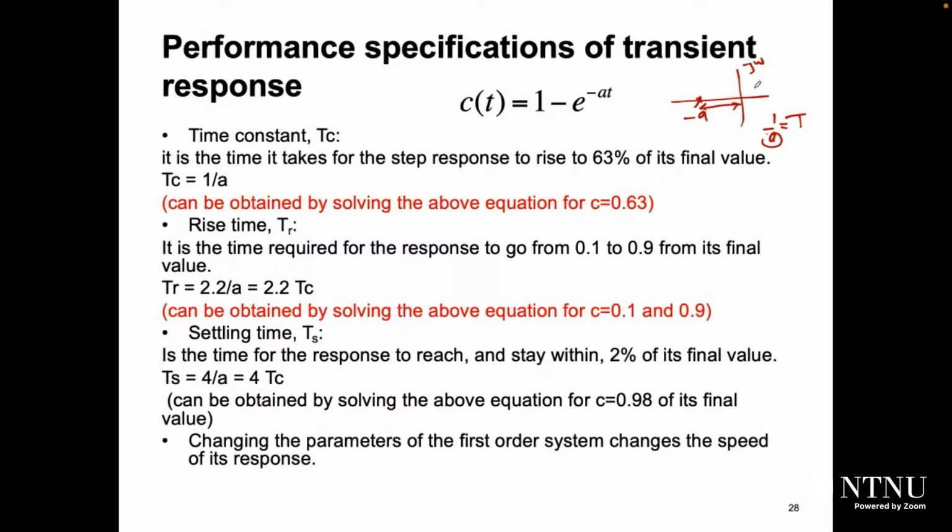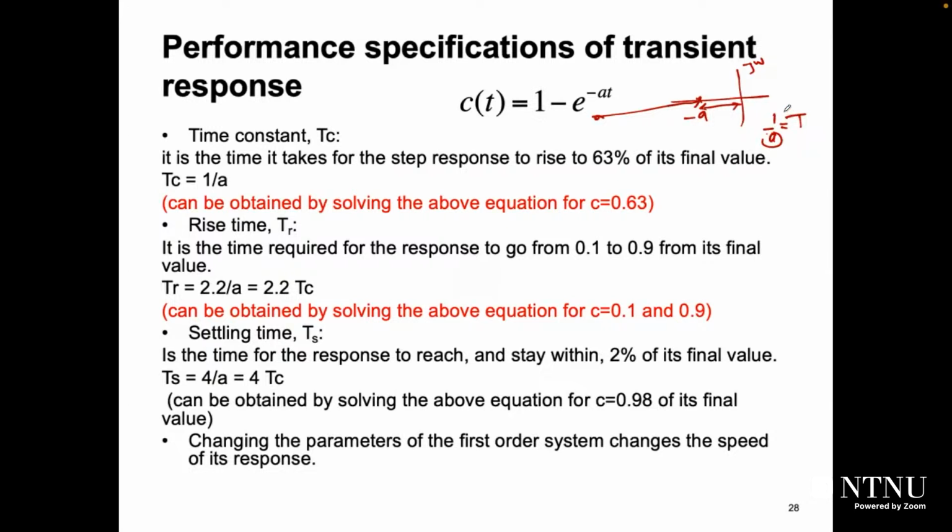So when you are closer to the j omega axis, your response will be slower. When you are far away from the j omega axis, what will happen here? a will be large. So 1 divided by something large will be very small. So in this case, the time constant will be very, very small, which means your system will be faster, right?